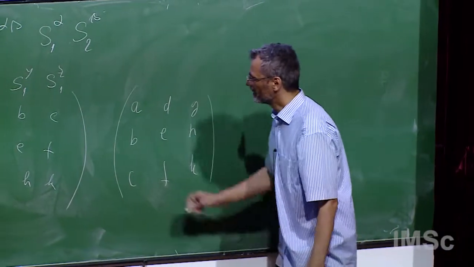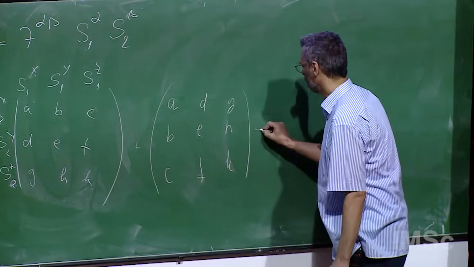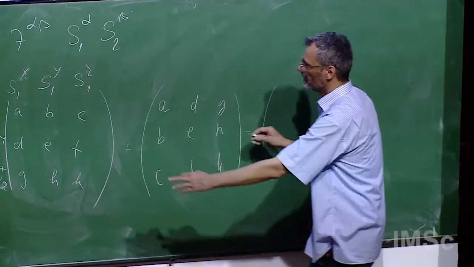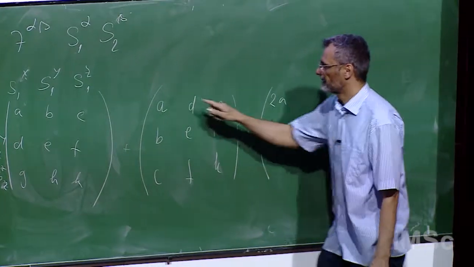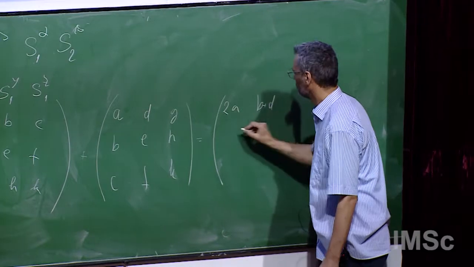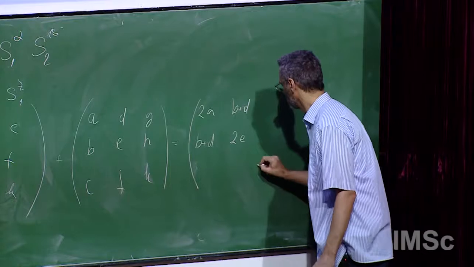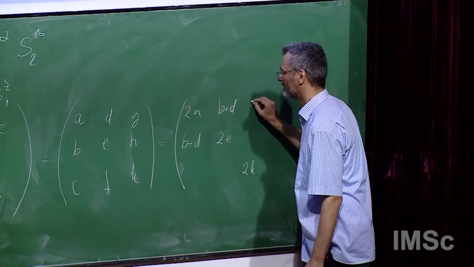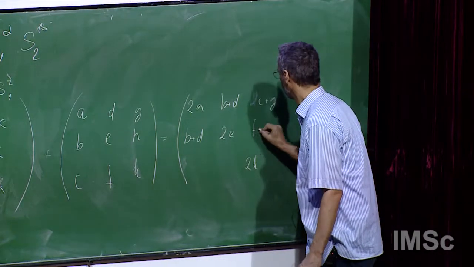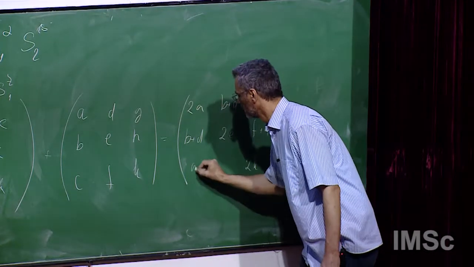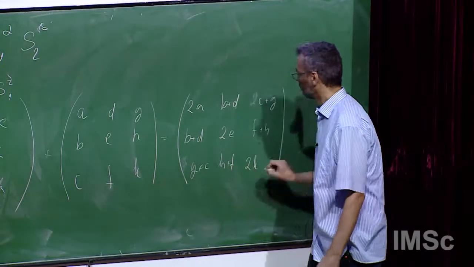Good. And I need to add them up. If I add them up, we will have two A's here. We will have B plus D here, B plus D here, 2E, 2K, G plus C, F plus H, G plus C, and H plus F. Right.